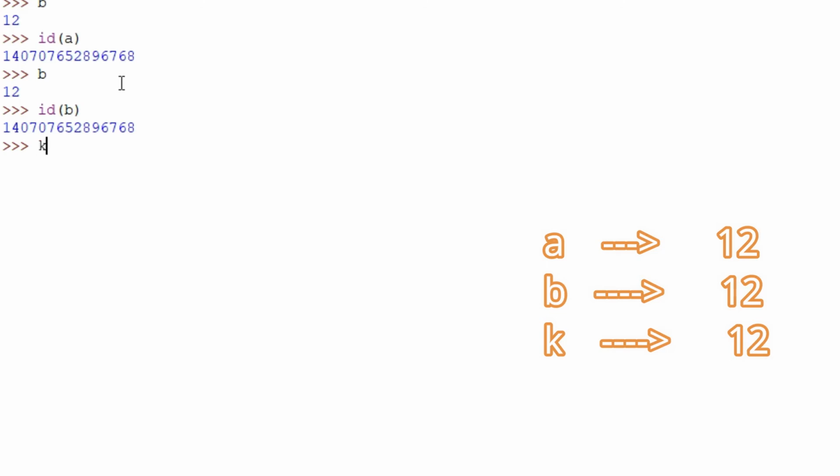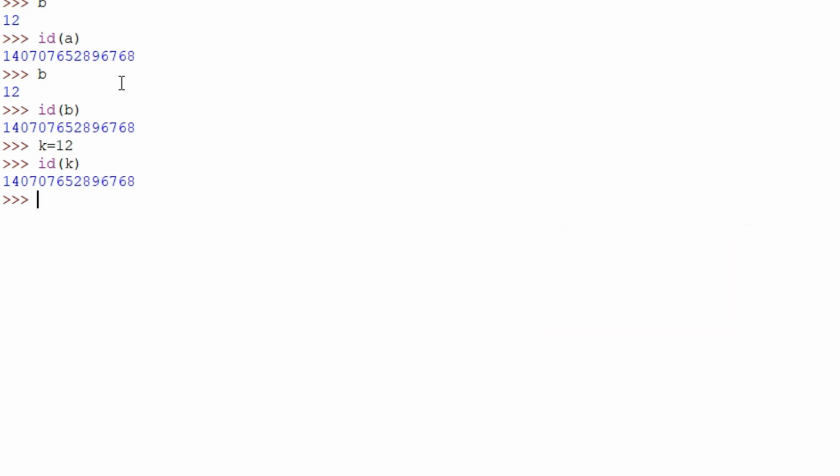Suppose in the future I take k as 12. If I want to know the id of k, because k is 12, it is already having 12 which is assigned to a and b. The address will be the same, because this is the advantage of Python's memory usage.